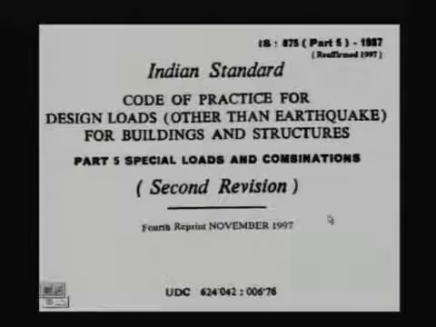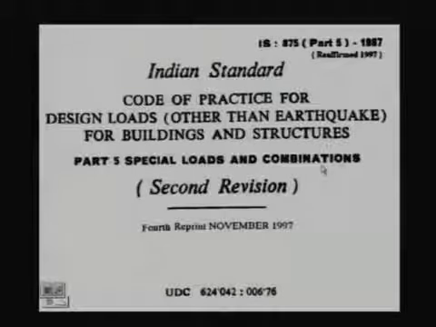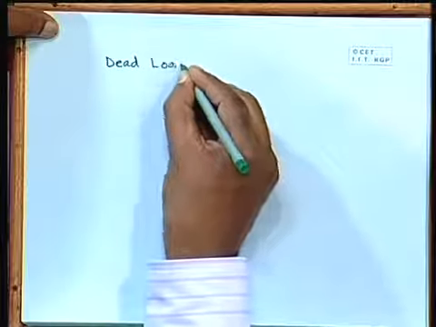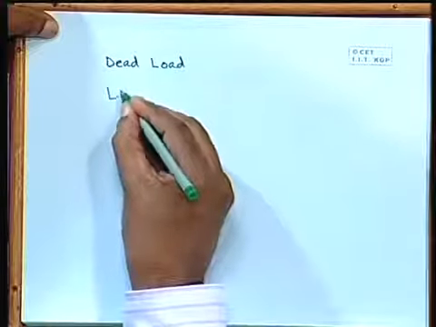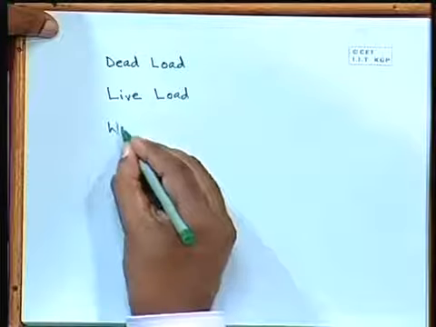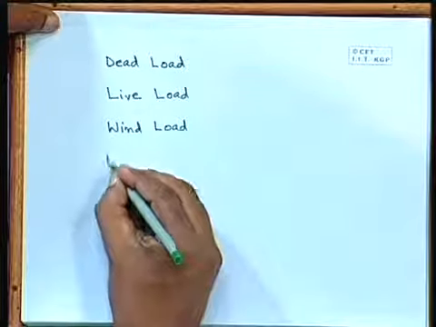One more important part is IS 875 part 5. This one covers the special loads and combinations. This is one important aspect that we have to consider, because we must decide how to consider the different loads in combination. Generally we consider here the dead load, then live load or imposed load, wind load, and earthquake load.